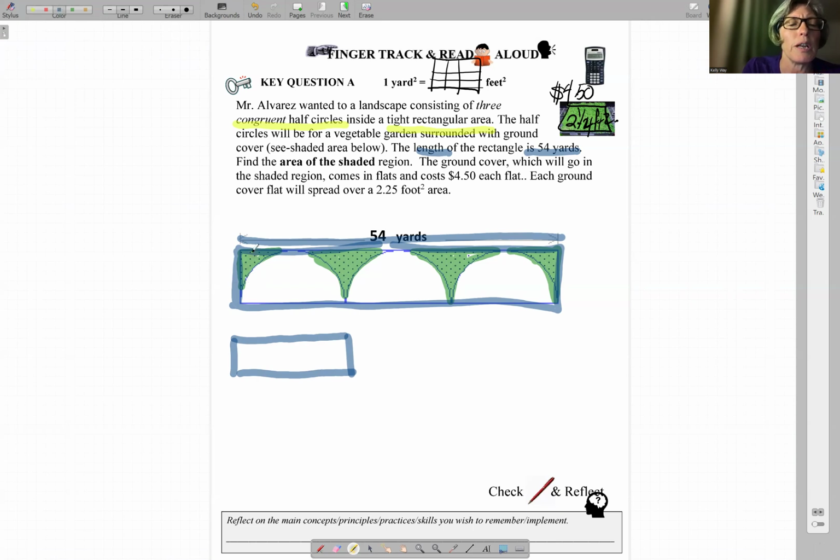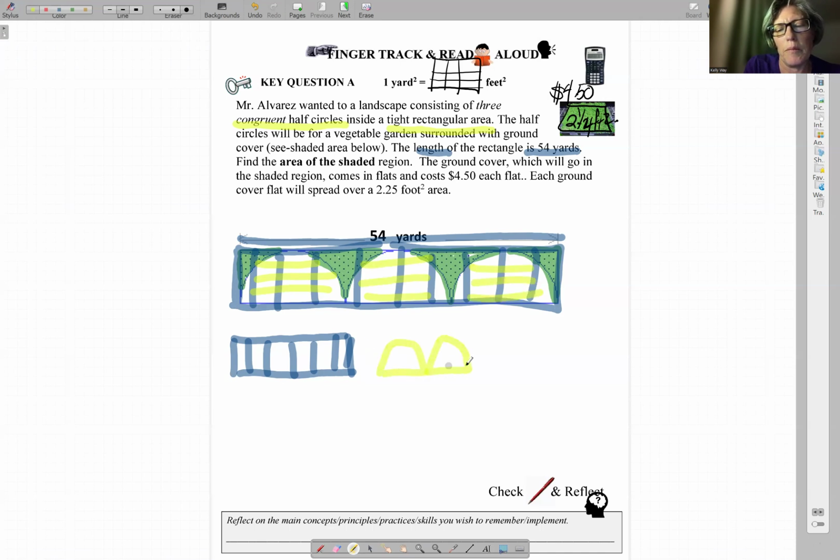So the area of the rectangle and the area of the circles. And you should see, to get the shaded region, you essentially subtract those items. That will get you the shaded region.